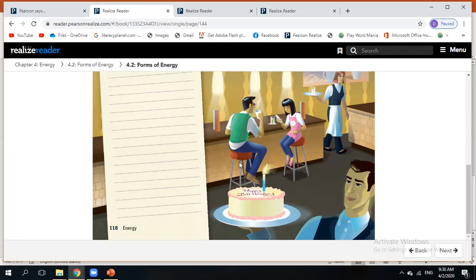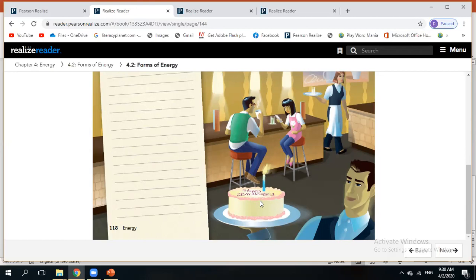Mechanical. Excellent, Jana. Mechanical energy. Why? Because due to its position it has stored potential energy, and also it's moving, so it has kinetic energy. So it has both potential and kinetic energy, so it has mechanical energy.